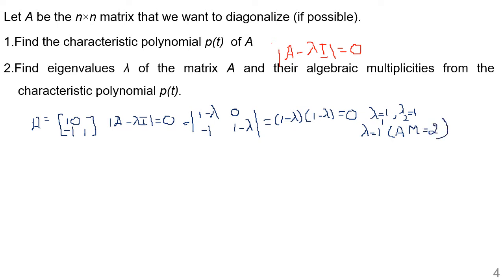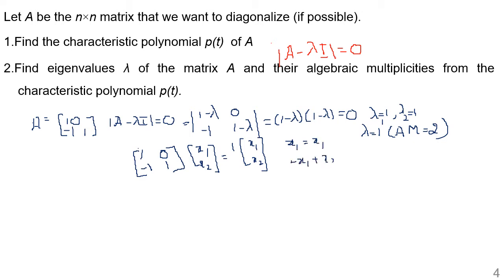Now we try to understand the geometric multiplicity of this matrix. To do that, we have to find the eigenvector. With the matrix 1, 0, minus 1, 1, A multiplied by x1, x2 should give you lambda multiplied by x1, x2. That will give you x1 equal to x1, and minus x1 plus x2 equal to x2. In turn, it will give me x1 equal to 0.